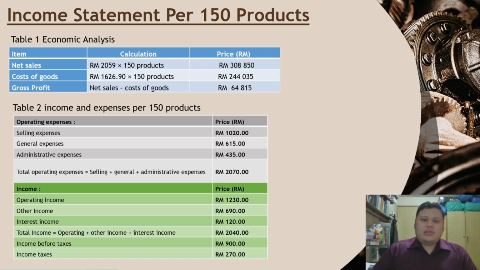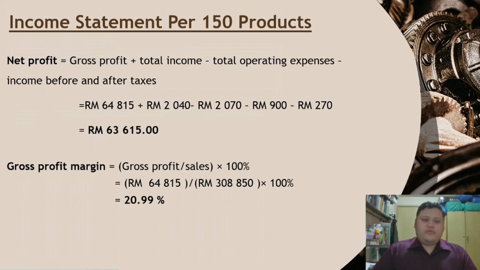This is the estimation value only. The real life may vary due to the real situation. So the net profit is gross profit plus total income minus total operating expenses minus income before and after taxes. So we conclude that the total is 63,615 ringgit.